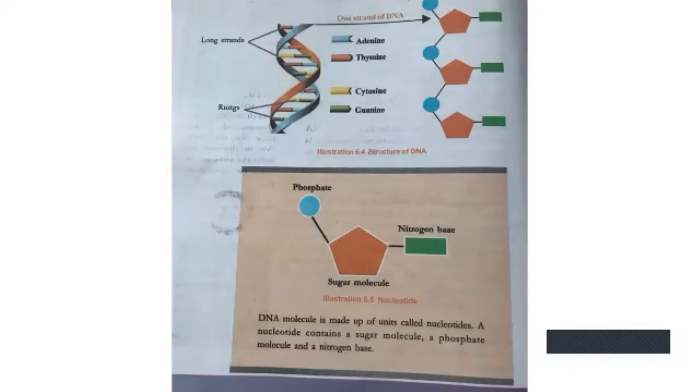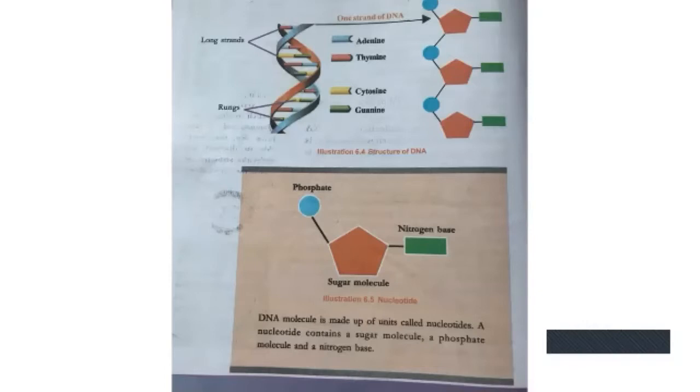This phosphate molecule, sugar molecule, and nitrogen base together form the nucleotide. So what is a nucleotide? A nucleotide consists of a sugar molecule, a phosphate molecule, and a nitrogen base. So the DNA molecule is made up of units called nucleotides.